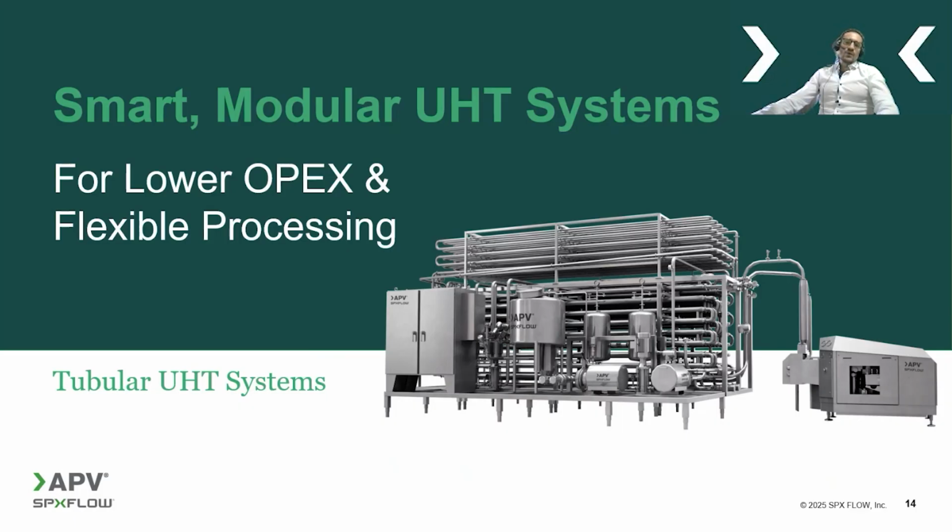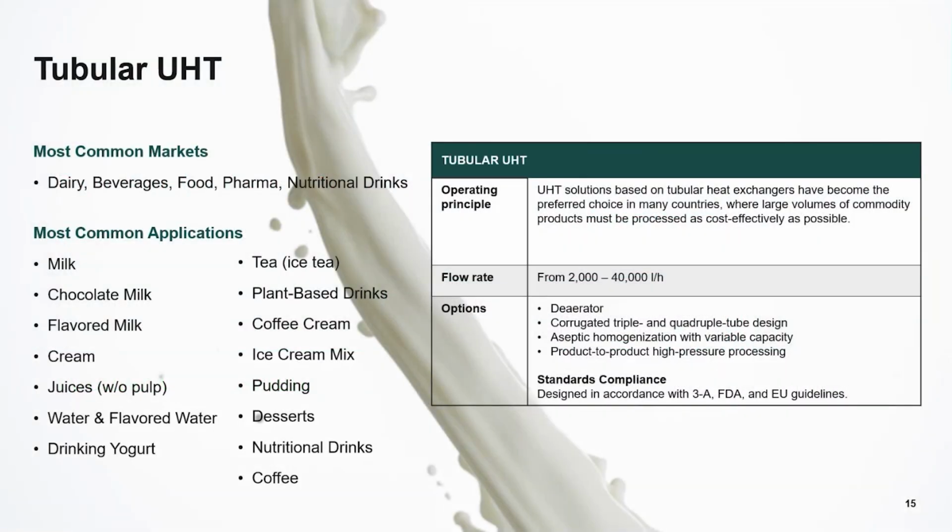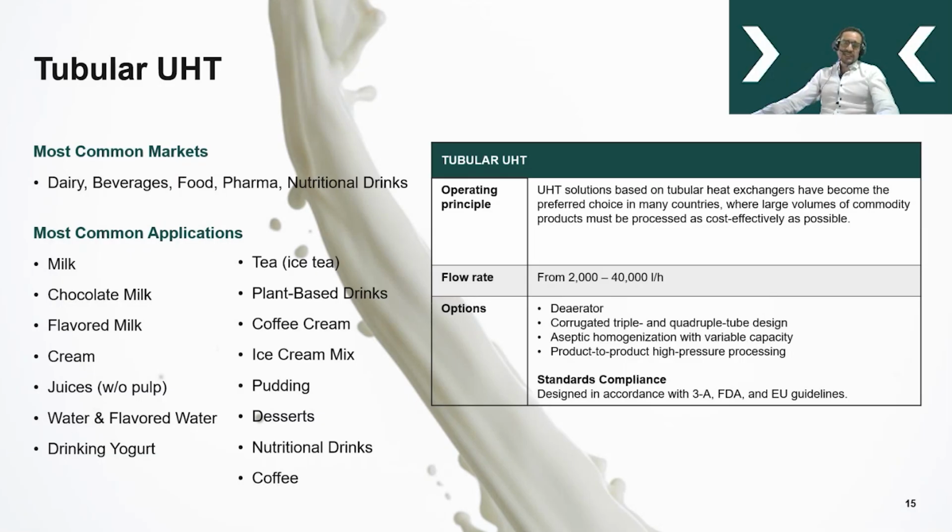Obviously, apart from our standard solutions, we can fully customize different systems so we can adapt to our customer needs. The tubular systems are typically used within sectors like dairy, food, nutritional drinks, on low to medium viscosity applications where the product contains fibers and particles.